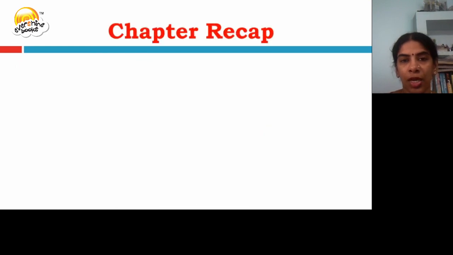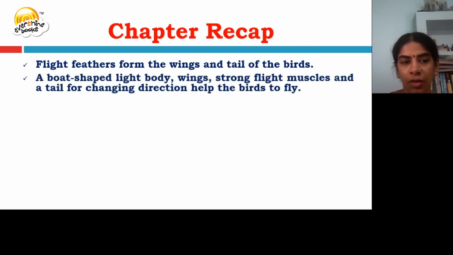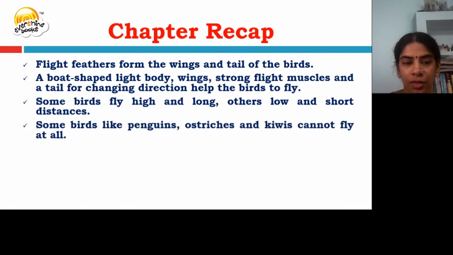Let us have a chapter recap. Flight feathers form the wings and the tail of the birds. A boat-shaped, light body, wings, strong flight muscles, and a tail for changing direction help the birds to fly. Some birds fly high and long, while others fly low and short distances.